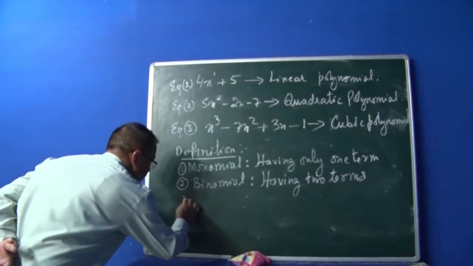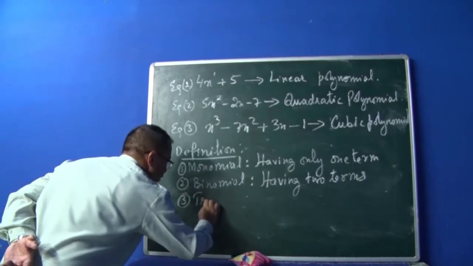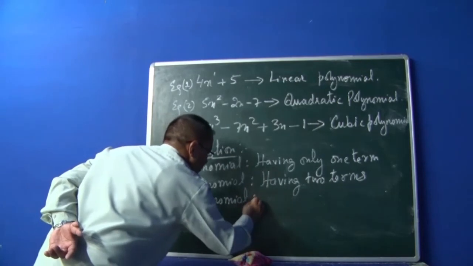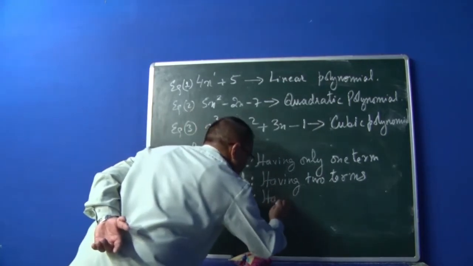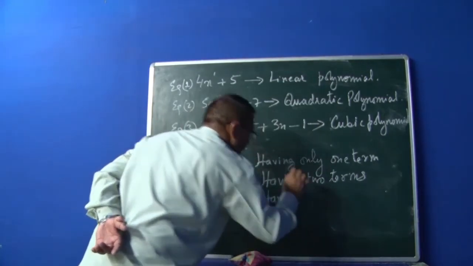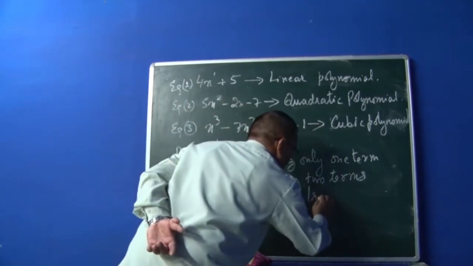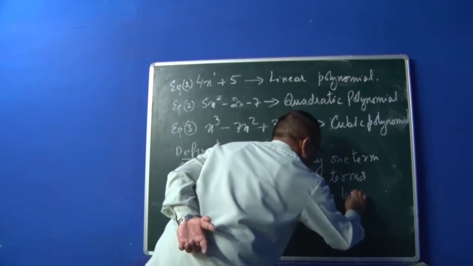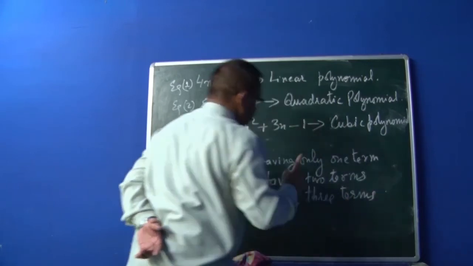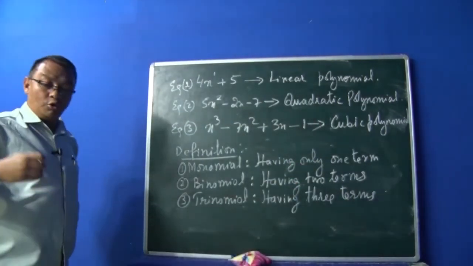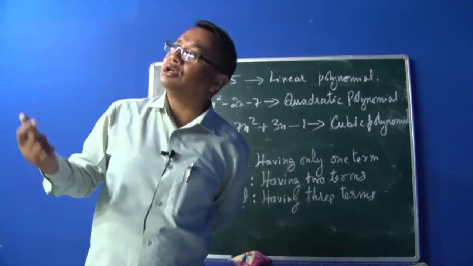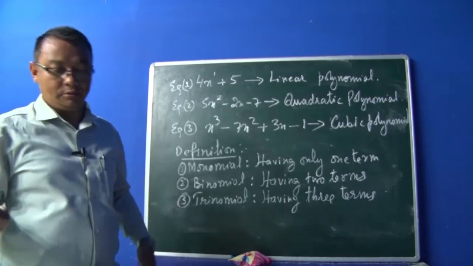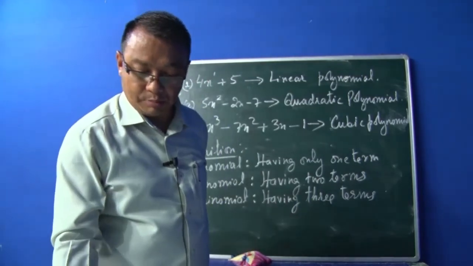Then we deal with trinomial, an expression having three terms. And when we go with an expression of more than three terms, we can say it simply a polynomial.